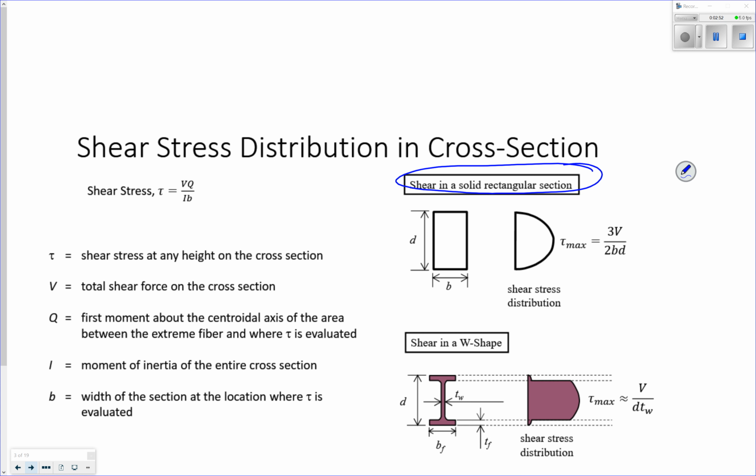D, depth, height. And it's this kind of parabolic distribution. And the maximum shear stress occurs at the center. And it's 3 times V, which is the total shear force of the cross section, which, if you're making your shear diagrams, V, that's your shear force, divided by 2 times B, which is the width, and D, which is the height of your rectangular cross section.